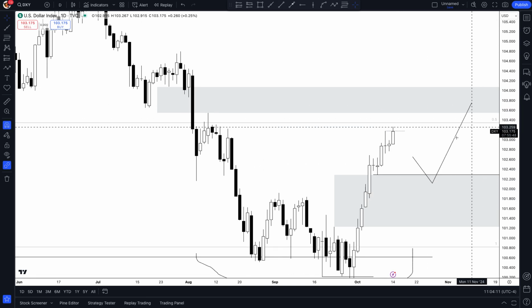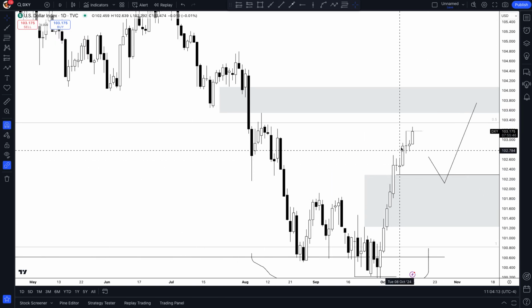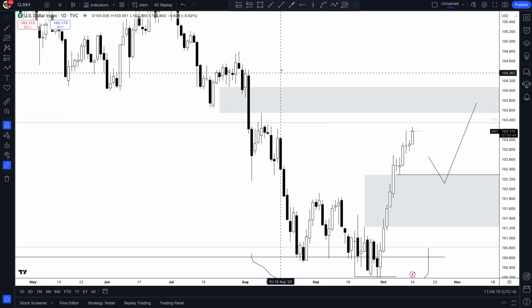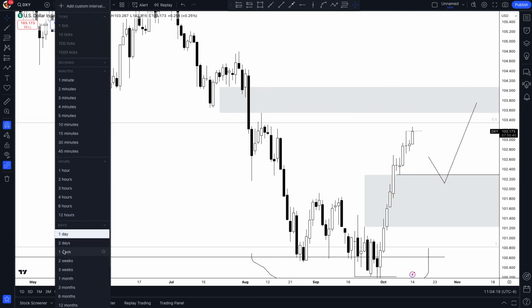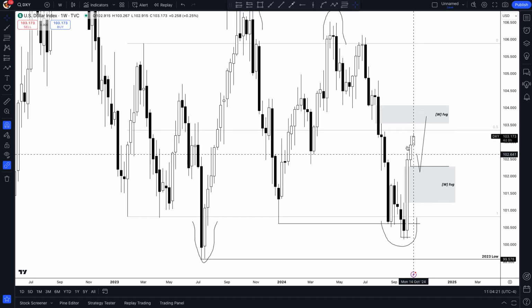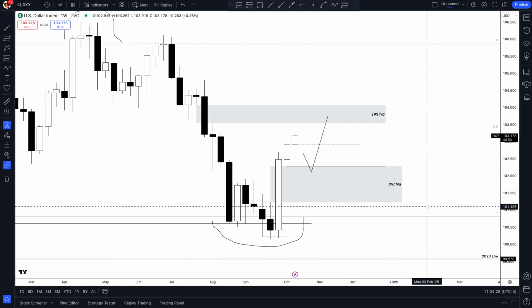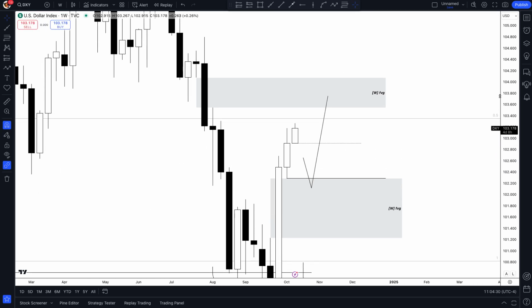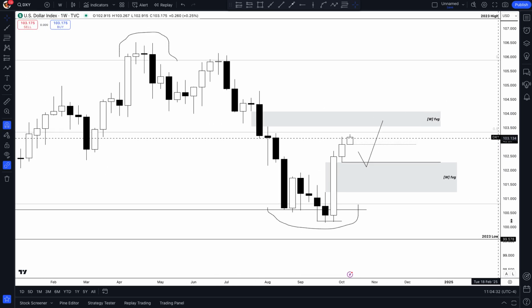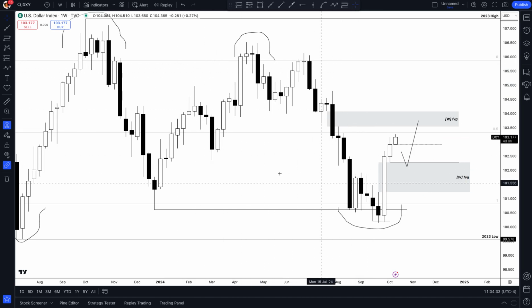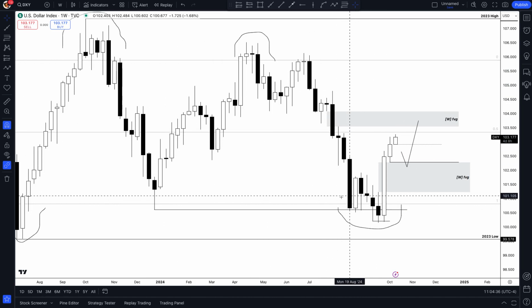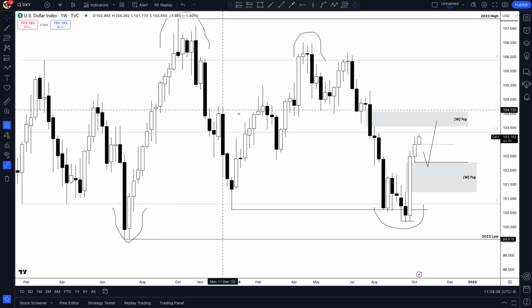So what could potentially happen is this move up to start the week could be manipulation, just because if you look at the weekly candle here, there's no wick. We started the week with no wick, so you can see typically every single candle forms some type of wick, lower and upper wick.